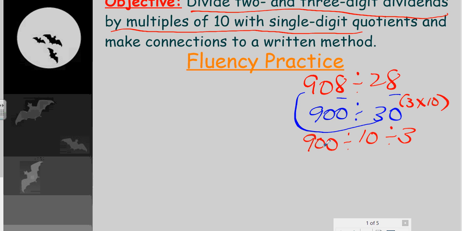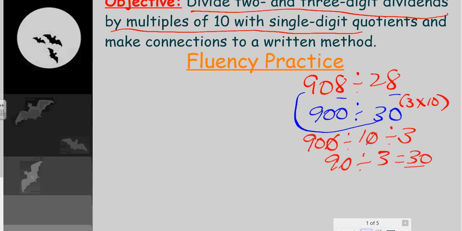If you divide by 10, that's like taking off one of these zeros, bringing it down to 90. Boy, did that number just shrink. And now we have just divided by 3. 90 divided by 3: 30, 60, 90. We're making groups of 3. So here we have 30, and that's 90. Looks good? You can look back here and say 30 times 30 is 900. It is. So this worked out.